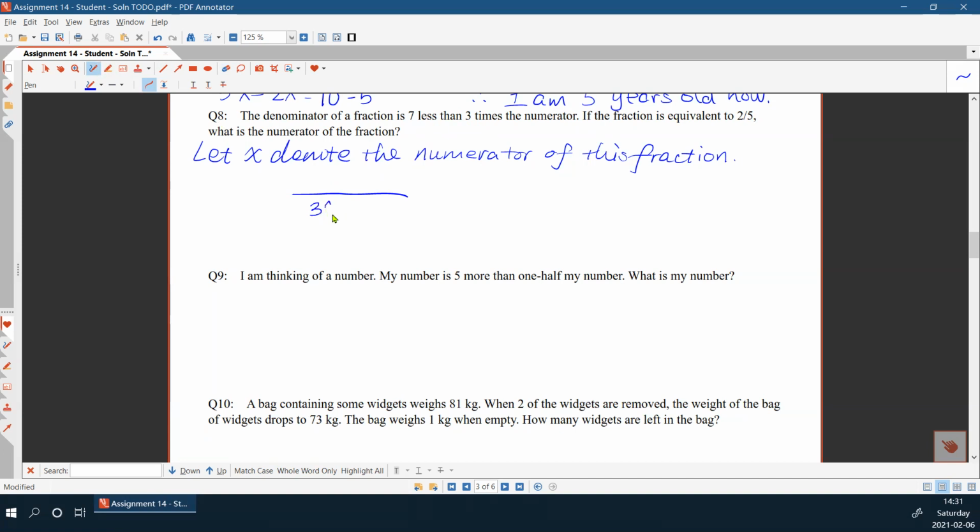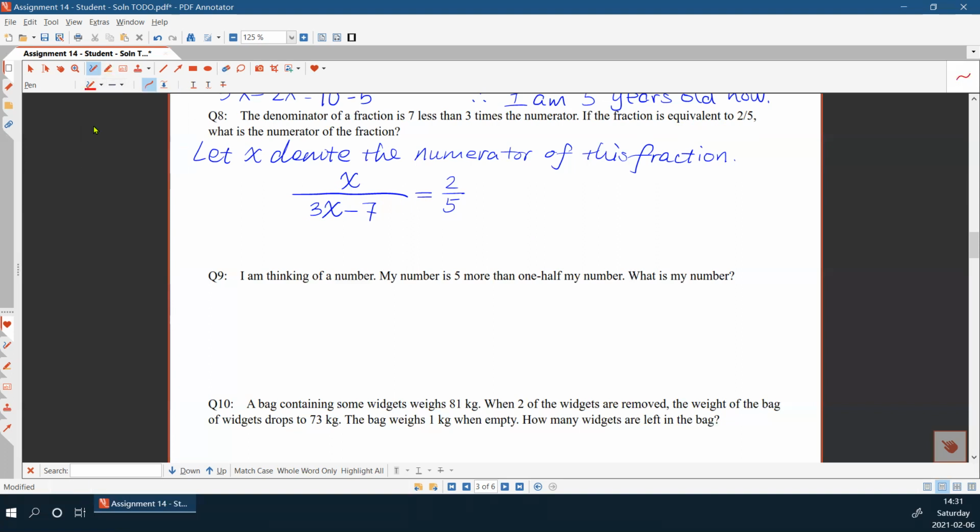That means 3x minus 7. And your numerator is just x. And you also know that this fraction is equivalent to 2 over 5. That means it equals 2 over 5, right? And here, this is our equation. And from this equation, we can, of course, solve x.